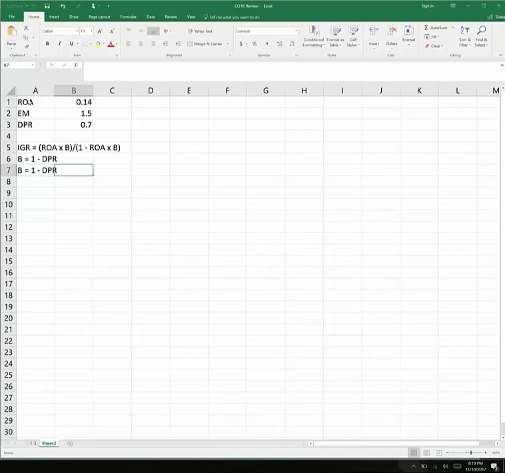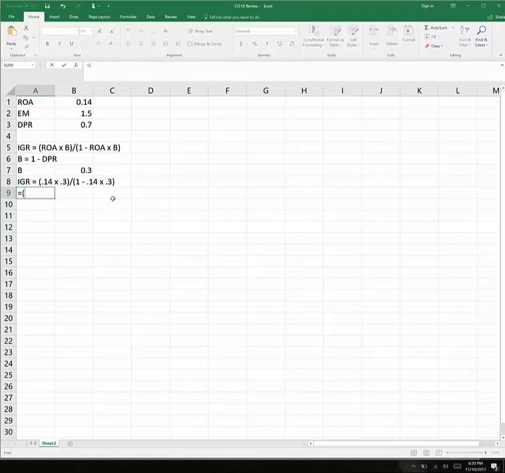So b has to be equal to 0.3. And we know the ROA, so we can go ahead and plug things in here. So we'll have 0.14 and 0.3.